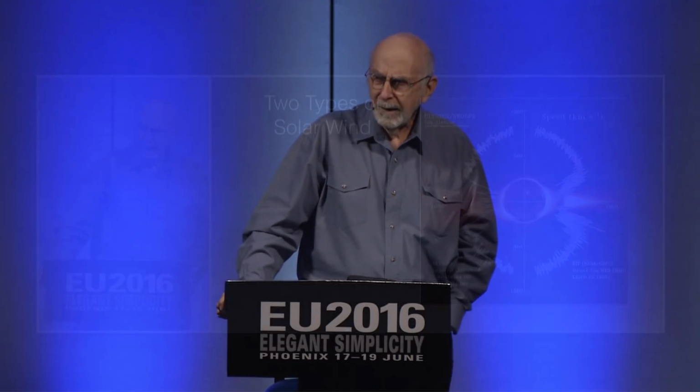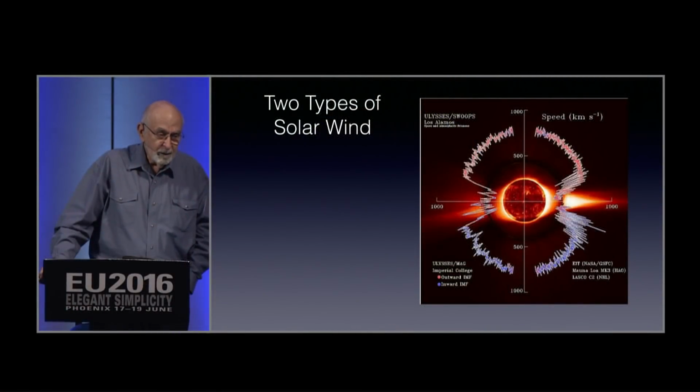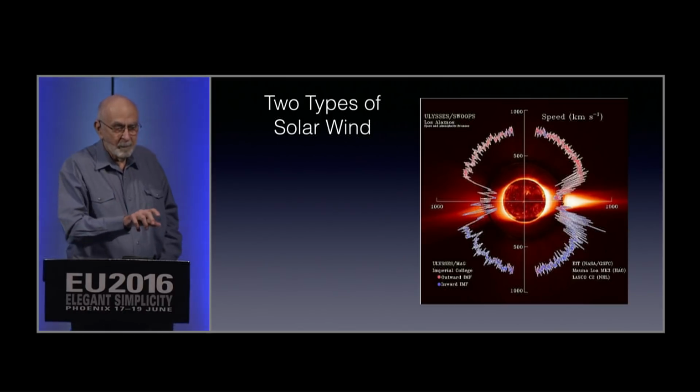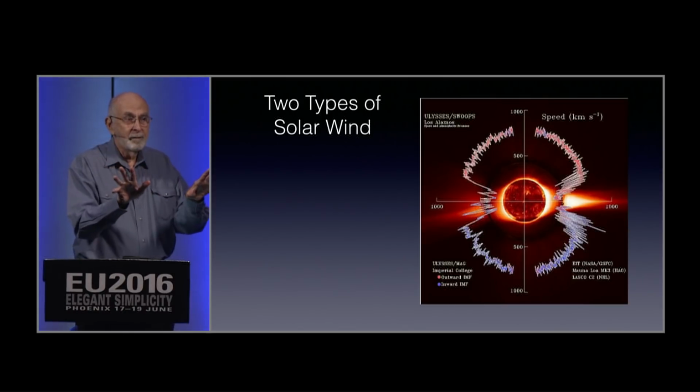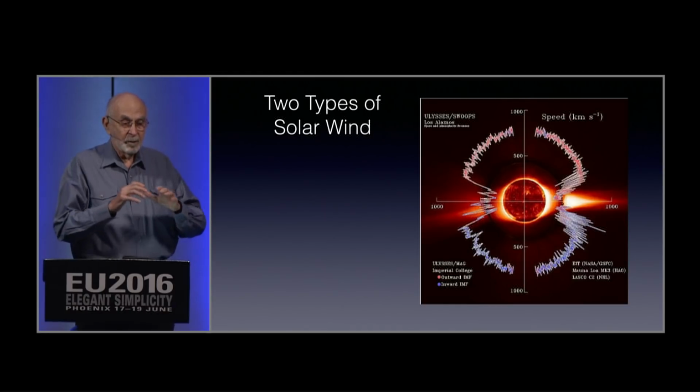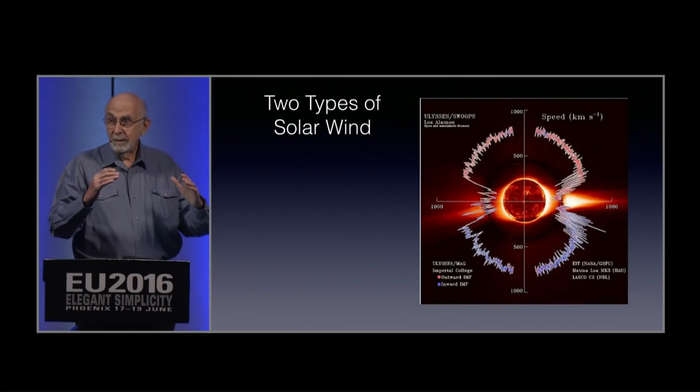Okay, down to business. There are two different types of solar wind. In this diagram, it looks complicated as all get out, but it's not. It's very simple. Forget the nice picture of the sun. It's there for eyewash. This is a radial graph. The farther out you get from the center, it talks about the velocity of the solar wind.